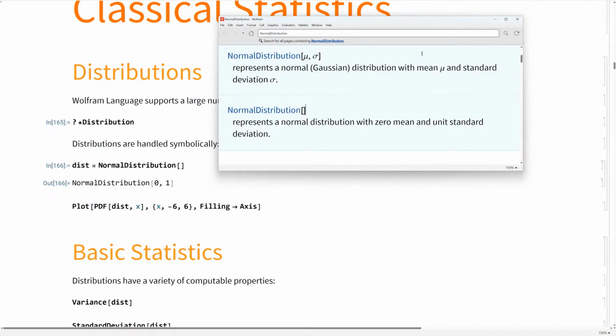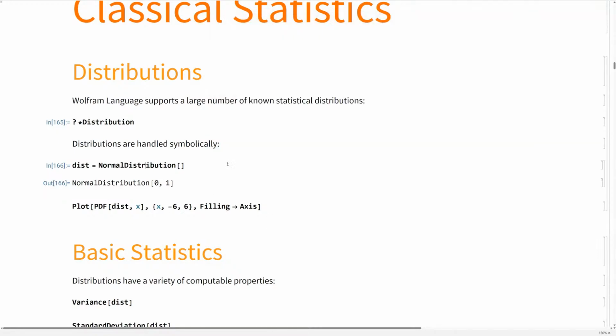In Wolfram language, everything will look like this. We have a normal distribution, a histogram distribution, an empirical distribution. Everything will look like something Distribution with specific arguments.